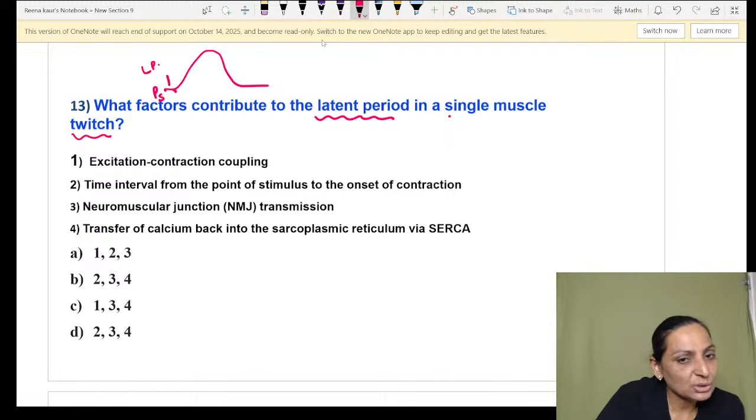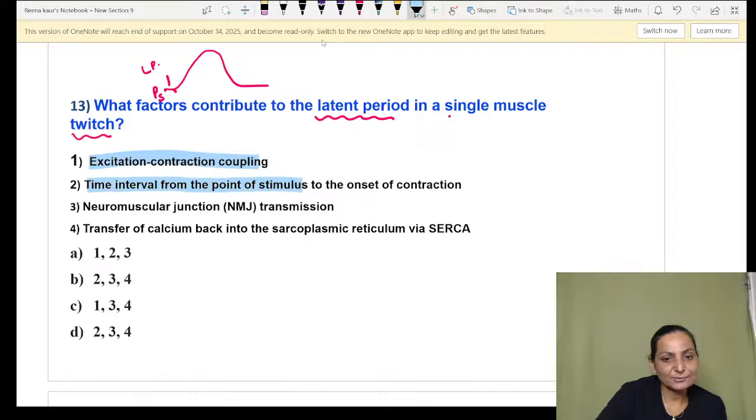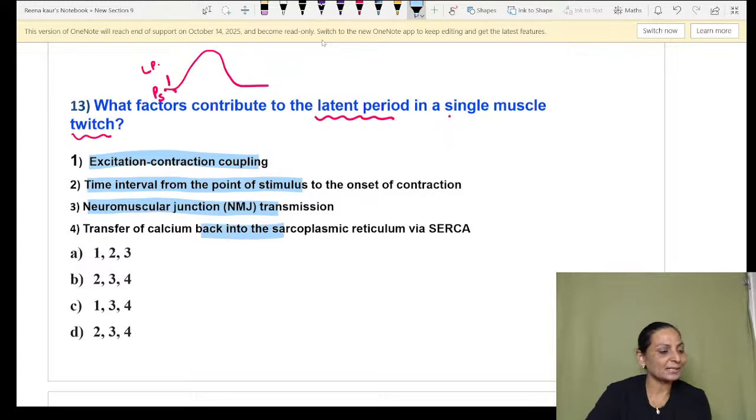So what are the causes of this latent period? Options are excitation contraction coupling, time interval from the point of stimulus to the onset of contraction, neuromuscular junction transmission, or transfer of calcium back into the sarcoplasmic reticulum. Obviously the answer is very simple. It is A, that is 1, 2, 3. It is the time interval between the point of stimulus and the onset of contraction.